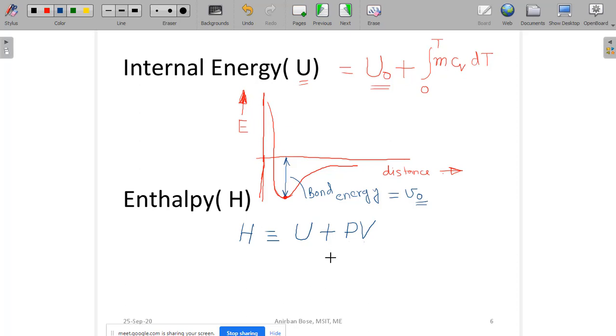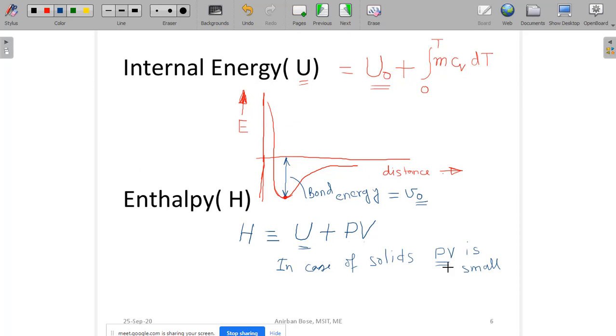And in case of solids, remember that this PV term is very, very small, rather negligible with respect to U, specifically with respect to the bond energy.